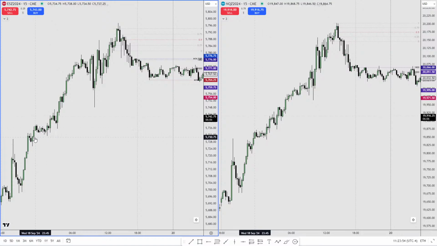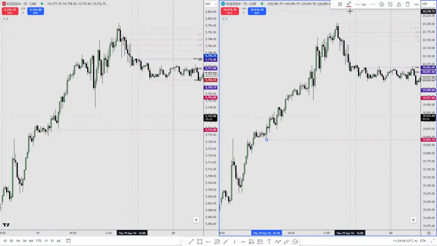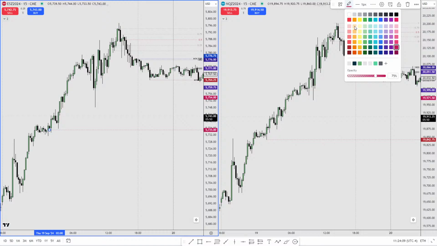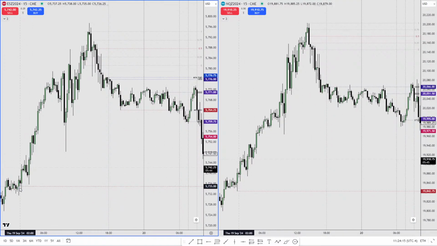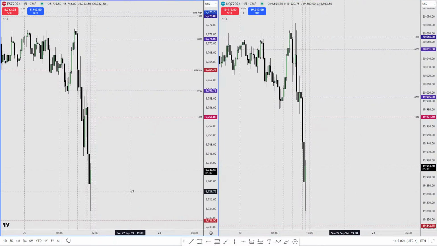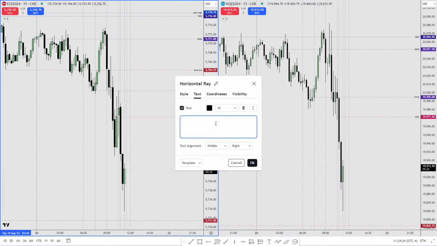So this is, where is it? Right here, this low here for ES, and this low here for NQ. Oh wait. Yeah, correct. Previous day London low.